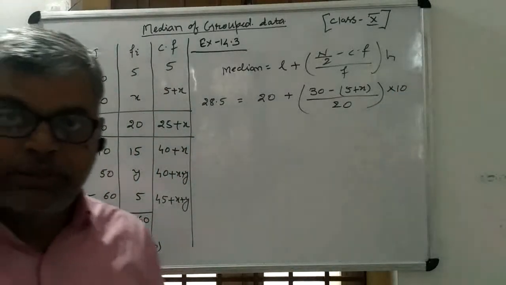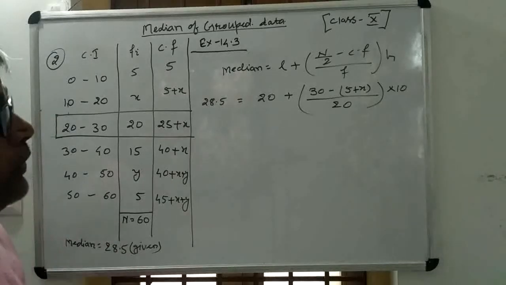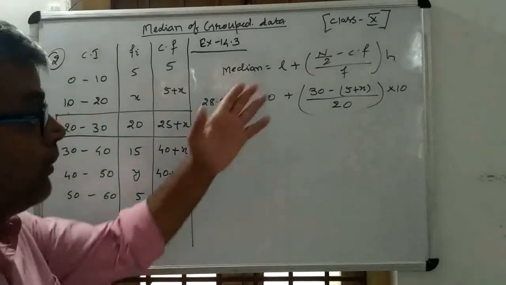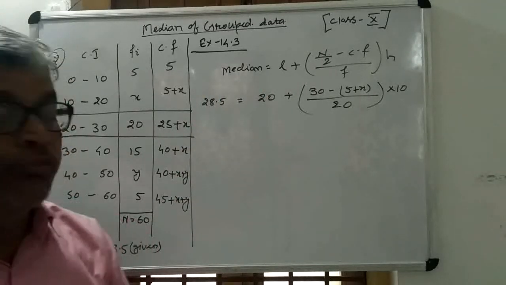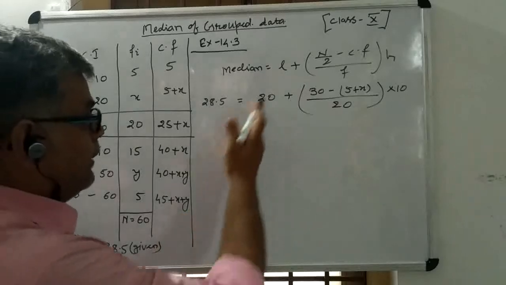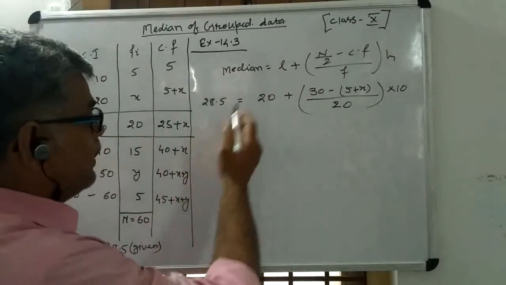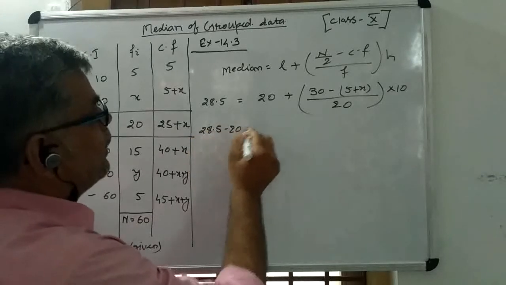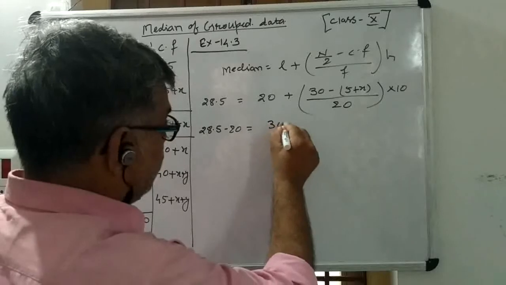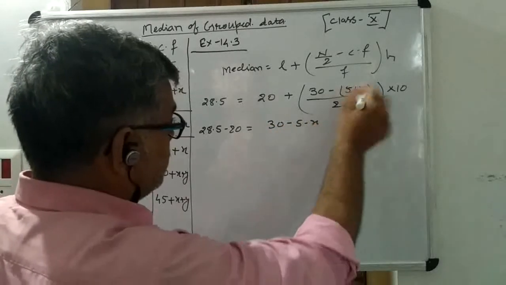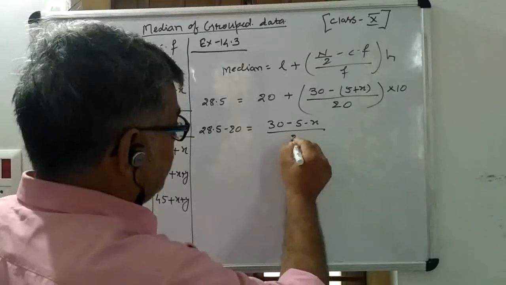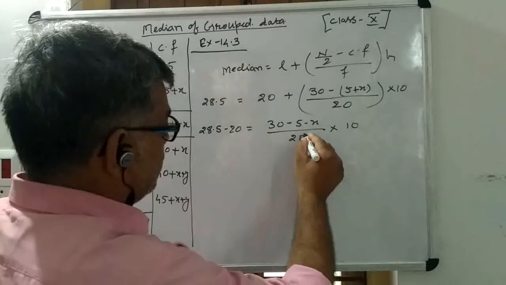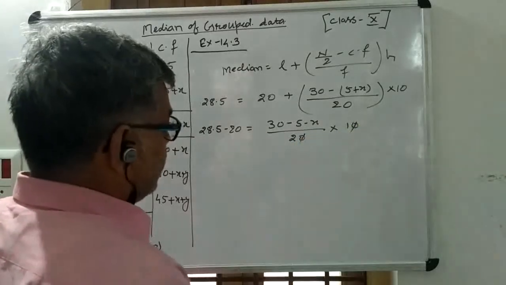Now we have put all the values in the formula. Now we have to simplify it. First you transpose this 20 from RHS to LHS, so it will become 28.5 minus 20 equals 30 minus (5 plus x), by 20, into 10. The zeros will get cancelled.